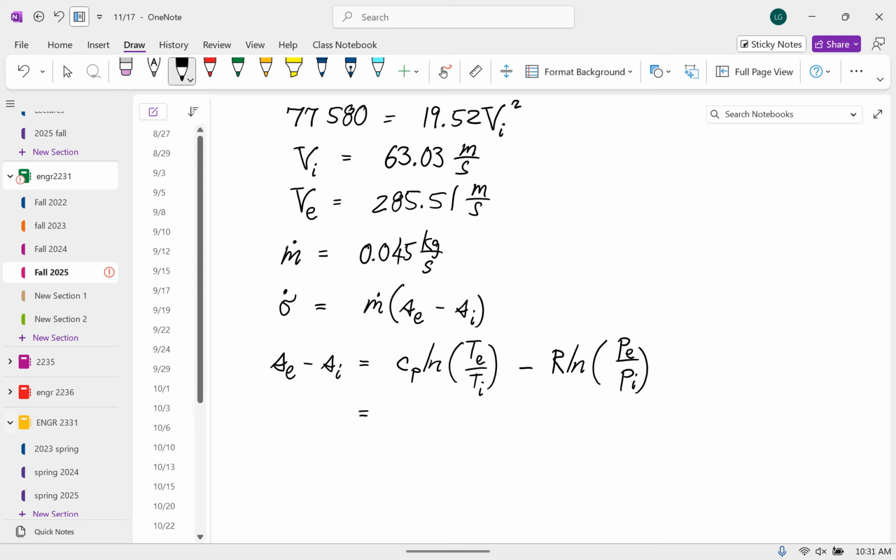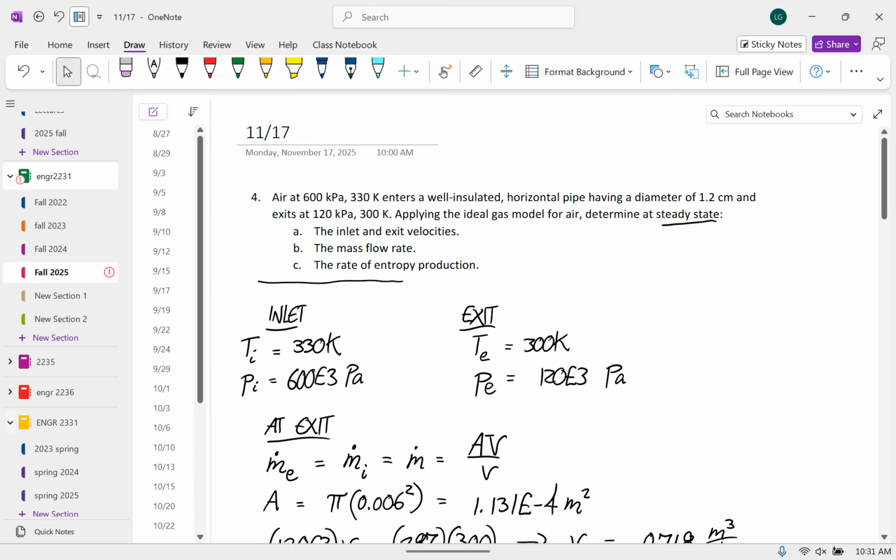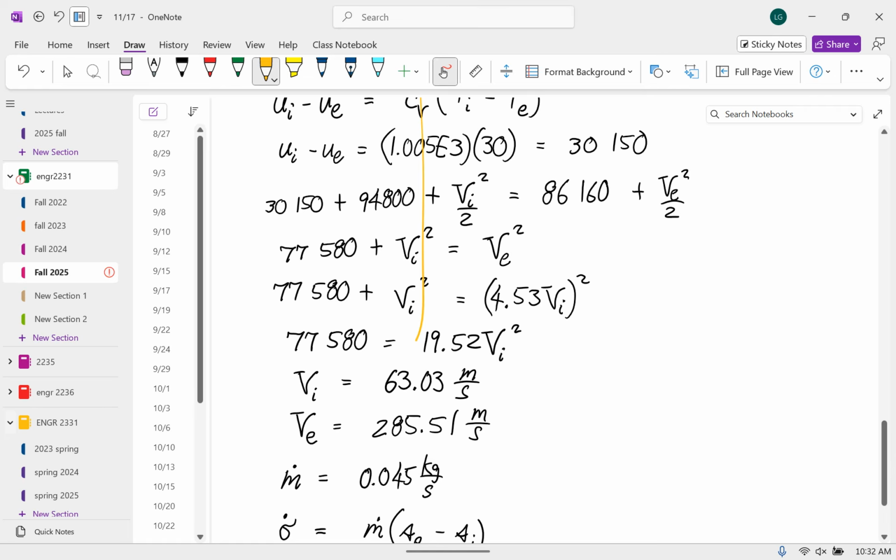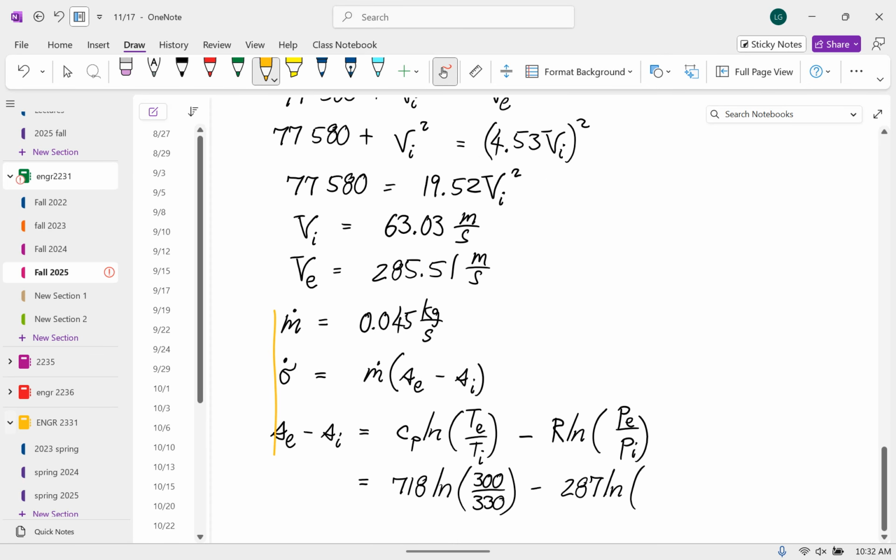Cp is 1005, minus 287, so that's 718, times the natural log of 300 over 330, minus 287 times the natural log of. Why is it doing that?